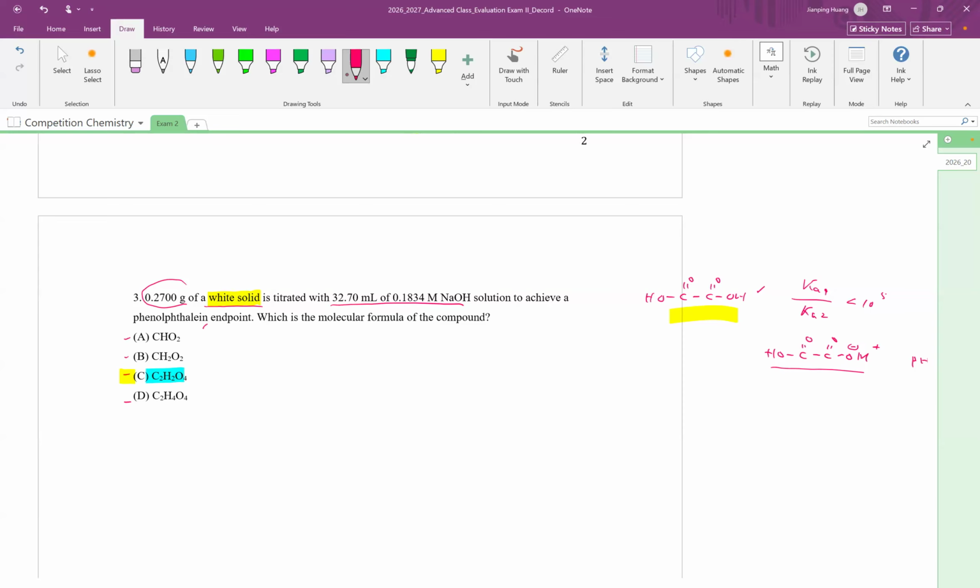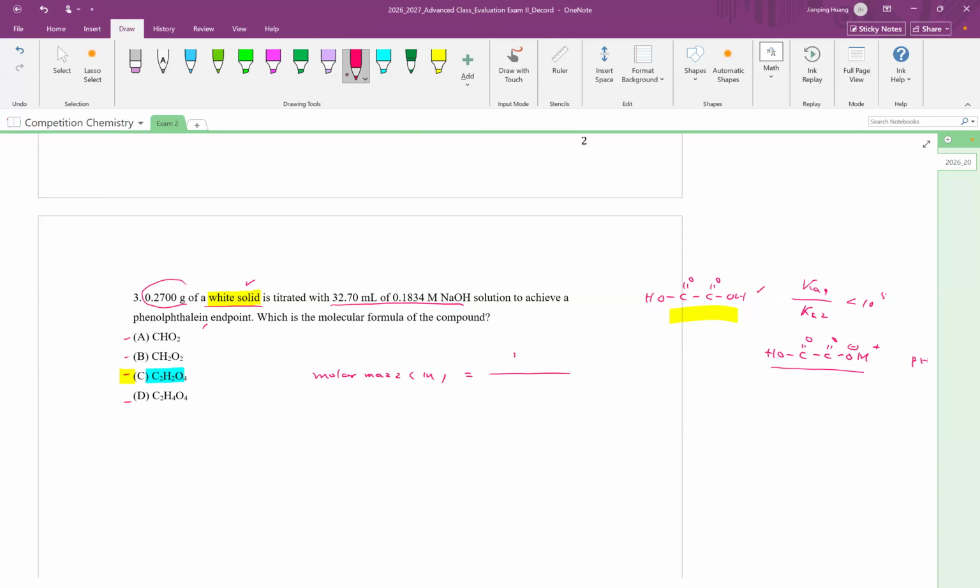Now use phenolphthalein, and that should be 8 to 9. So this tells us it is a weak acid, an organic weak acid. In order to do that, we need to find the molar mass.